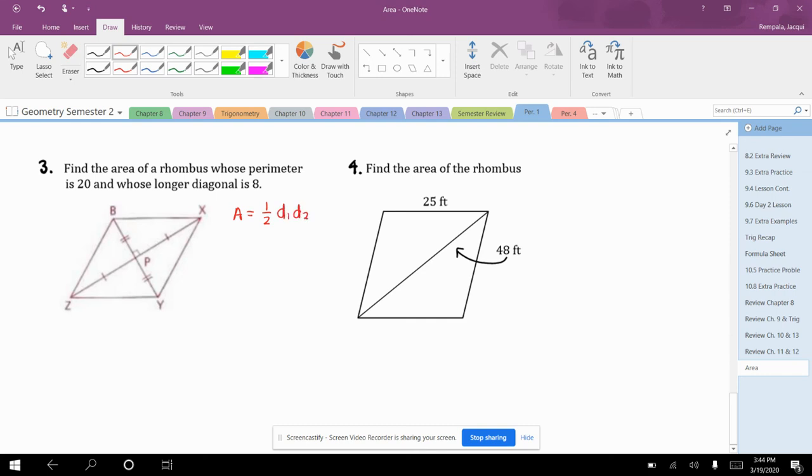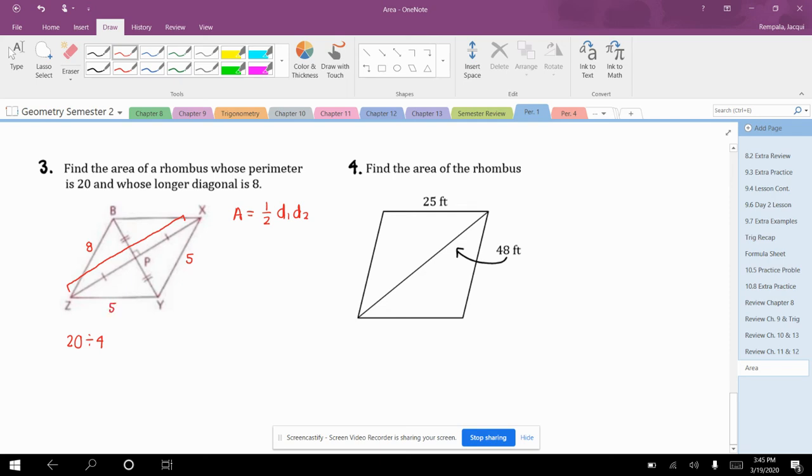So it says to find the area of the rhombus whose perimeter is 20 and whose longer diagonal is 8. So it appears that this is the longer diagonal, that is 8. Because I am telling you what the perimeter of a rhombus is, remember all 4 sides of a rhombus are congruent. So 20 divided by 4 tells us that each of these sides is going to be 5.